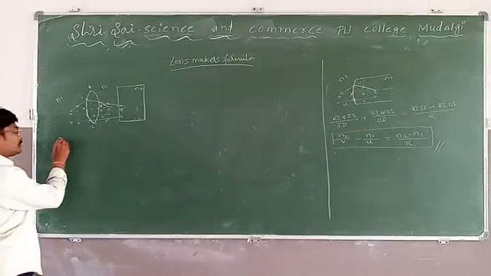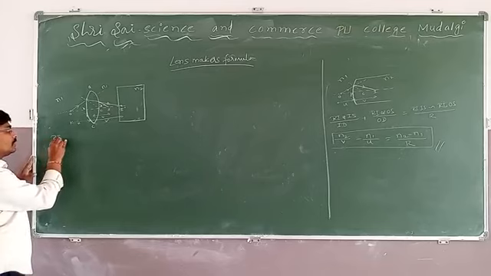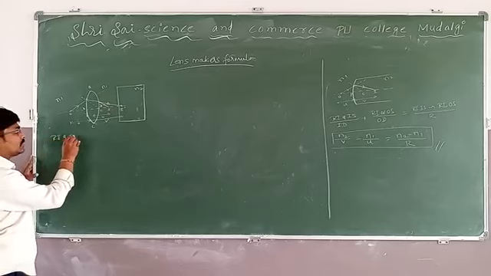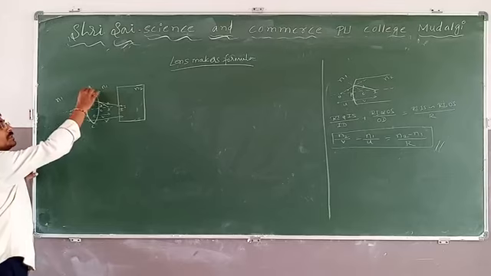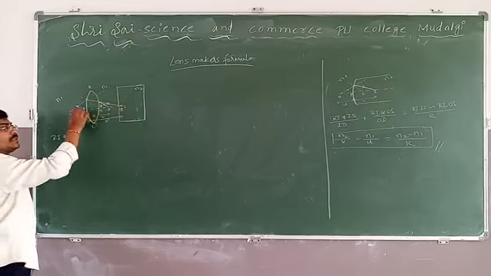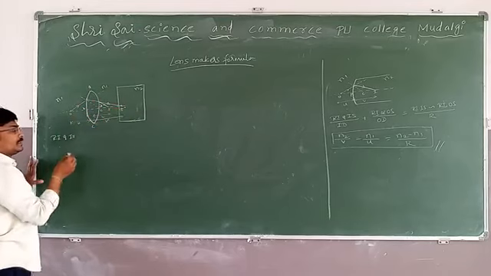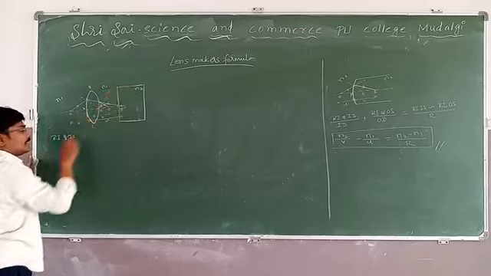See, I will write it again. Refractive index of image space. If there is no second surface, only one surface, then where will the image form? Image will form at I dash. Therefore, what is the refractive index? N2.